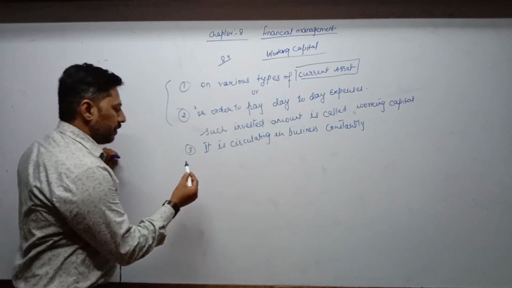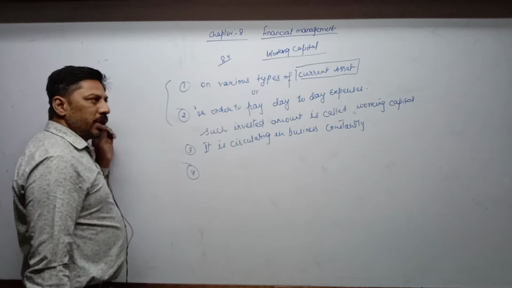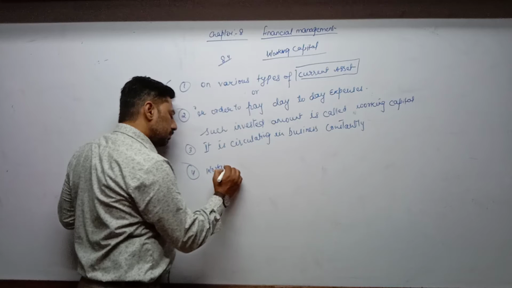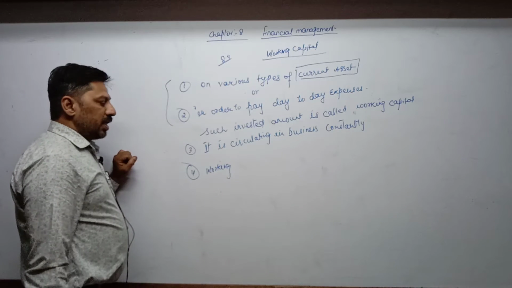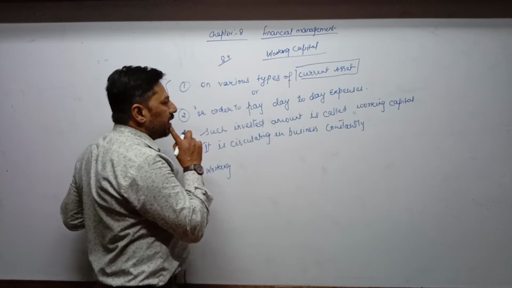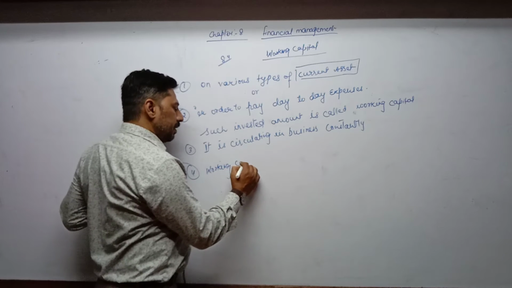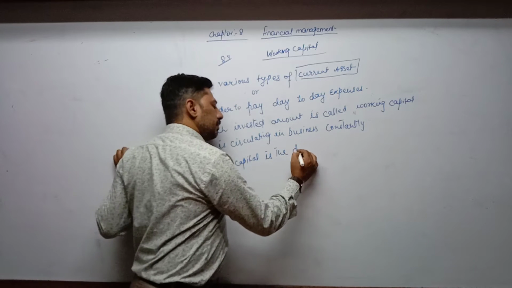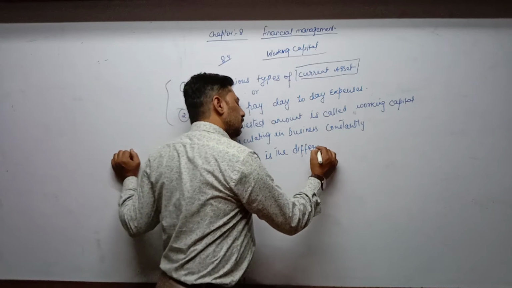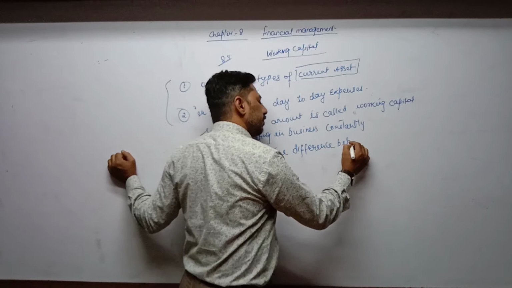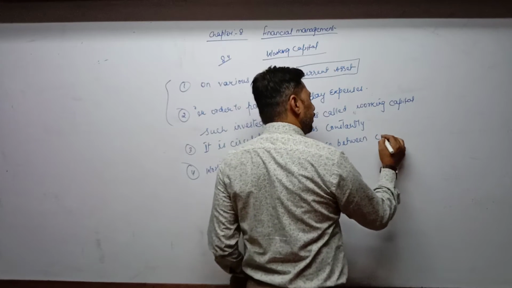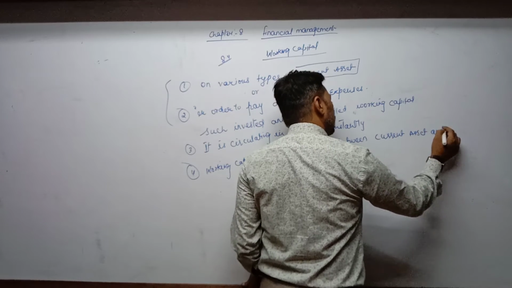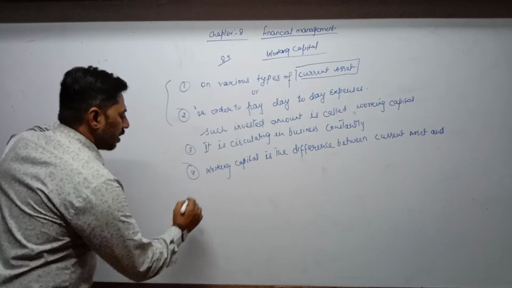Now, the next definition of working capital according to accounts. We have done in ratio analysis the formula of current assets and current liabilities, the current ratio. Working capital is the difference between current assets and current liabilities.